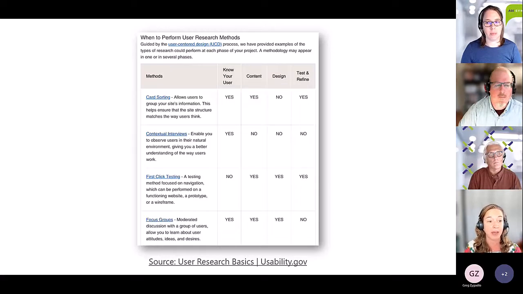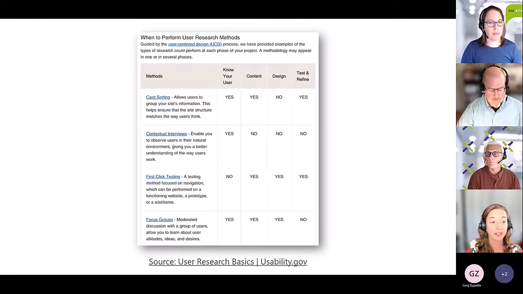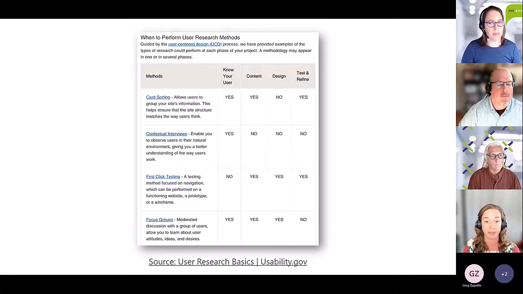So you can see some of them will say yes all the way across, while others are really only for specific use cases. So for example, first click testing is not really going to help you get to know your users better. So if you're trying to understand what they're coming to your intranet for, probably not the best user research method.